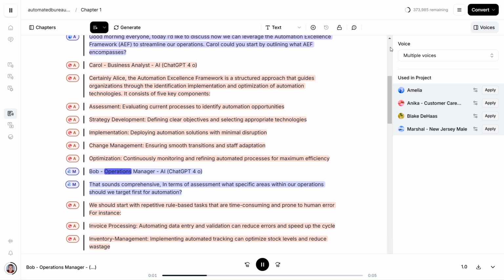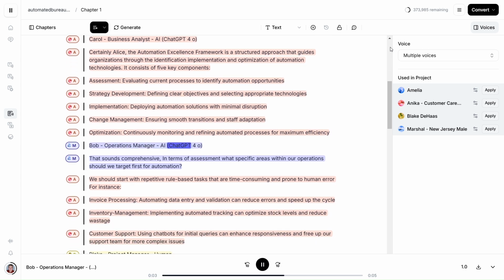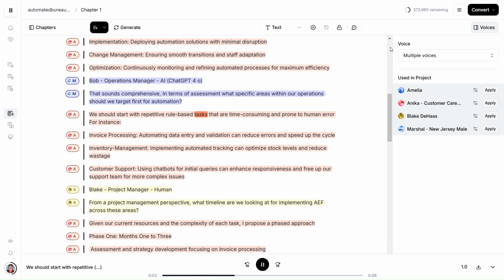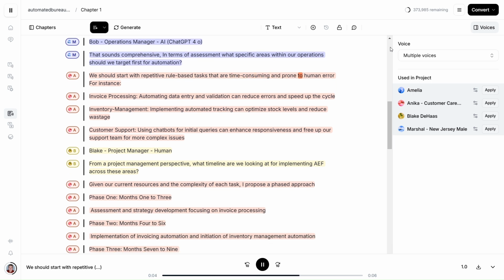Bob, Operations Manager, AI, ChatGPT 4o. That sounds comprehensive. In terms of assessment, what specific areas within our operations should we target first for automation? We should start with repetitive rule-based tasks that are time-consuming and prone to human error.